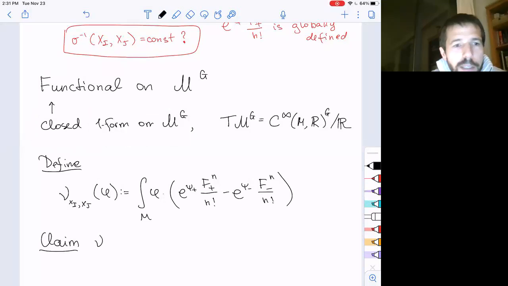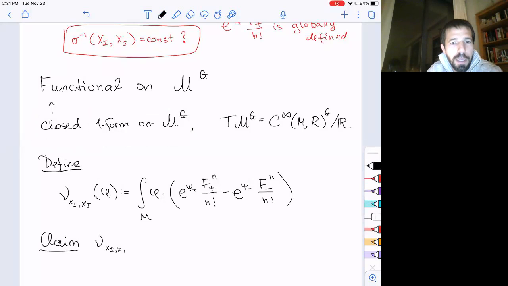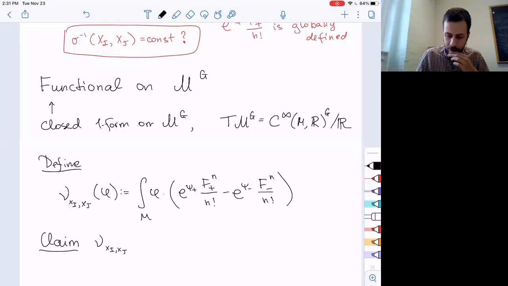Sorry, just a small question. Is it clear that this is well defined? I mean, is the integral defined up to constants? Right, yeah, that's a good point. That's a normalization question. My psi plus and psi minus are Hamiltonians of certain vector fields, and Hamiltonians are defined up to an additive constant.